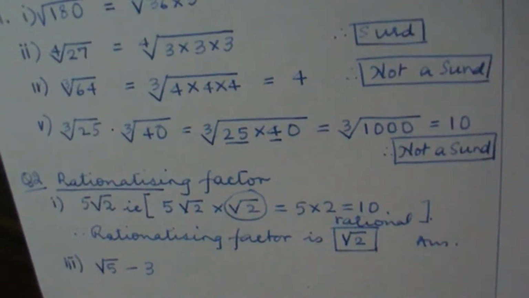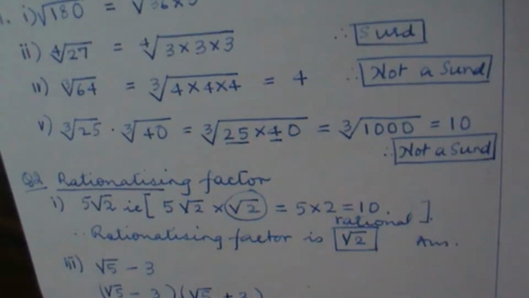If they are not multiplied, then I have to look at how I can convert this root 5 into 5. So what I should be doing is I should be taking root 5 minus 3 multiplied by root 5 plus 3.